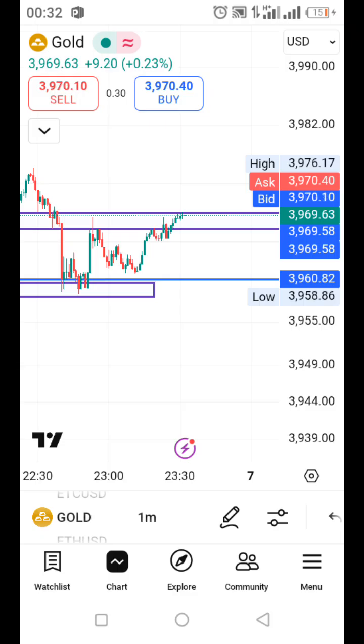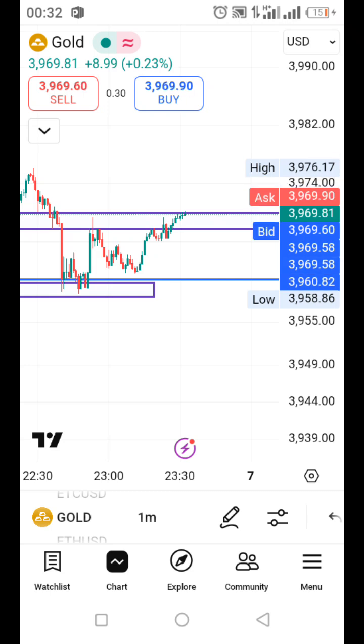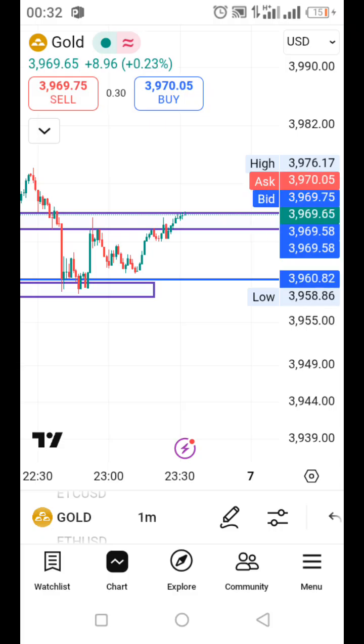Indicators won't give you what you want. Indicators won't make you earn good profit in the forex market. So I don't even use indicators. I use technical analysis, because one who is using an indicator is different from one who is using technical analysis or fundamental analysis.